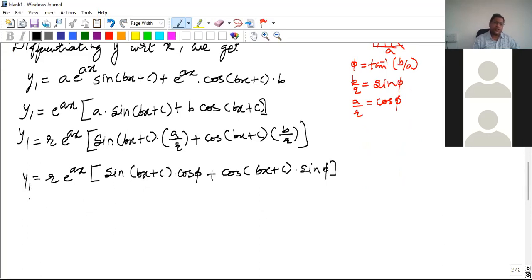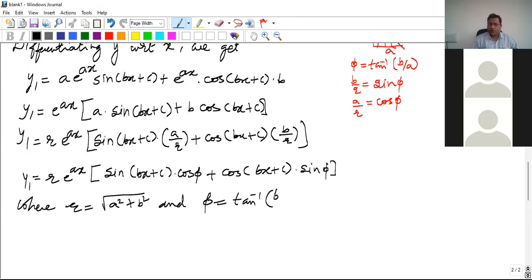Here we have introduced r and phi, so we need to write that r is the square root of a square plus b square, and phi is tan inverse of b by a.